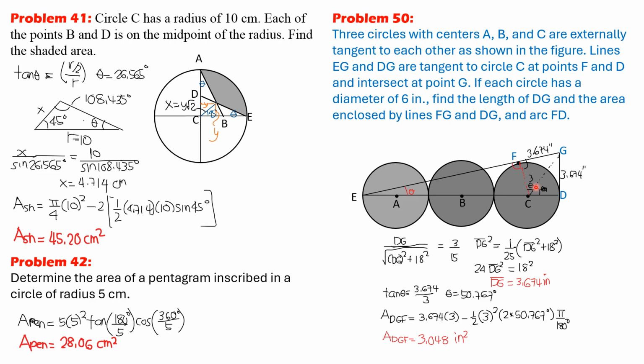Area of sector is 1/2 radius squared, 1/2 times 3 squared, central angle 2 times theta, 50.767 degrees. Let's convert that to radians by multiplying by pi over 180 degrees. So the area of DGF, the unshaded one, is 3.048 square inches. So that's it for this digit.